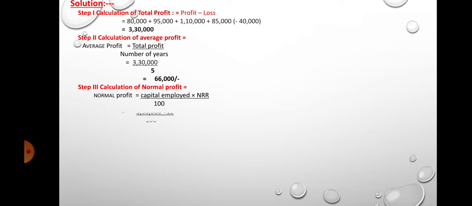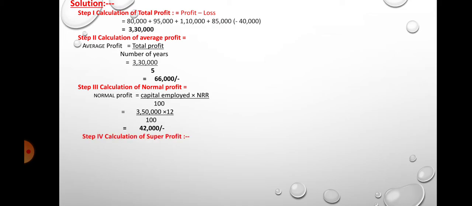Capital employed is 3,50,000 into 12, the normal rate of return is 12, divided by 100, is equal to 42,000. Normal profit is equal to 42,000.